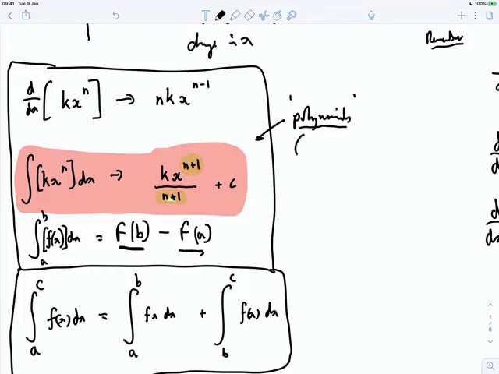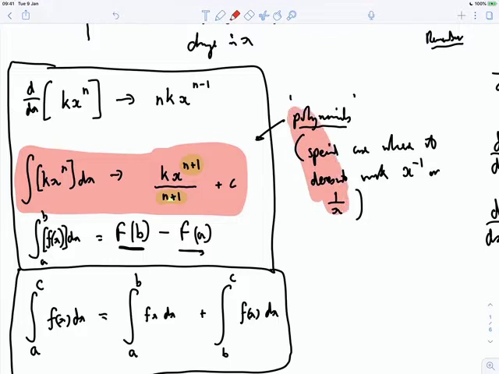And the special case where it doesn't work is when we're dealing with x to the minus 1, or 1 over x, which is the same thing. That's really important. This power rule of integration only works with polynomials, and you can't just apply it to any polynomial. It doesn't work when you're dealing with 1 over x.